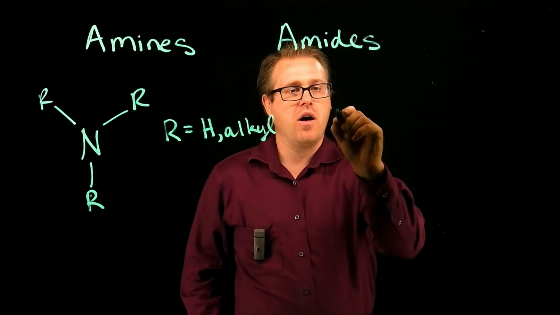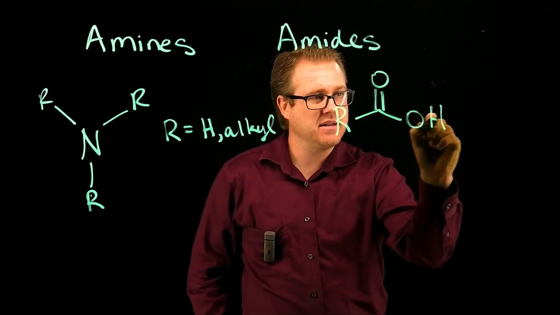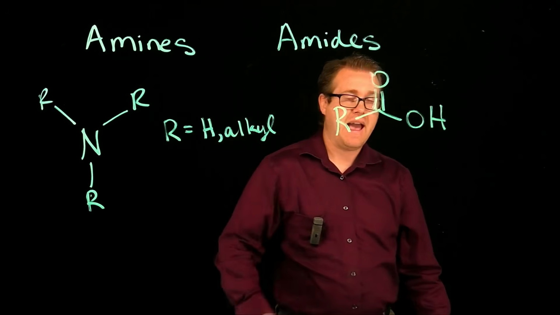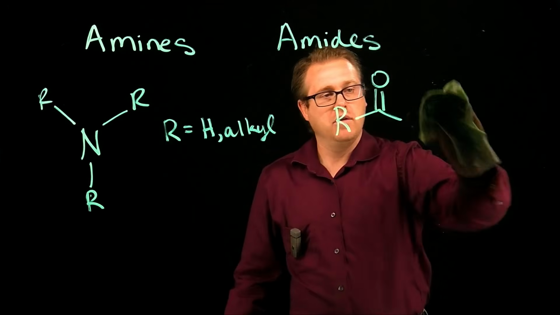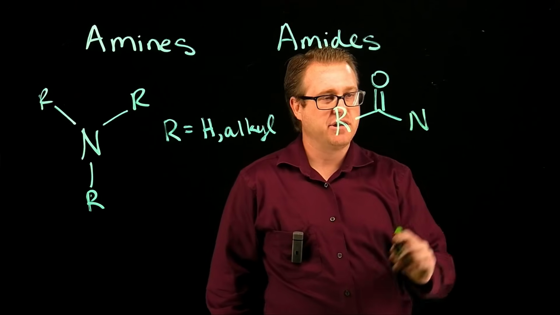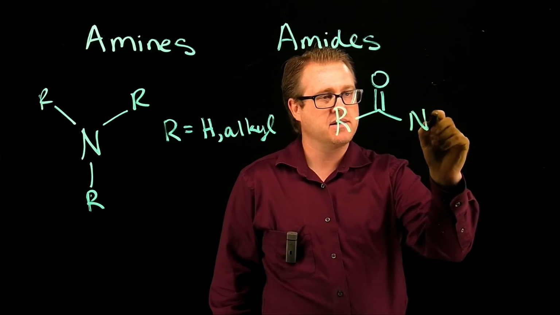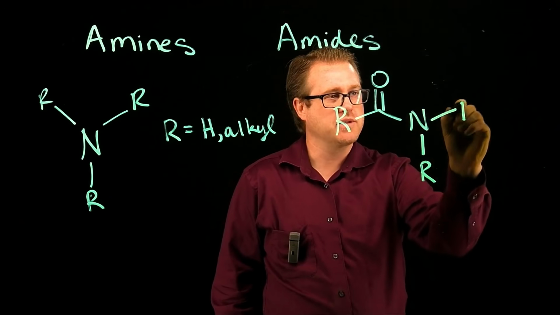Amides are simply, if you take a carboxylic acid and you replace that oxygen with a nitrogen. And nitrogens have to have at least 3 bonds, so you could have R groups like this.